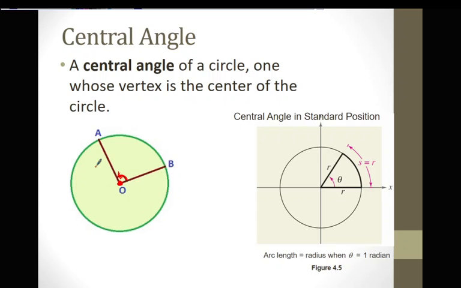Now, the next picture shows a central angle in standard position. So not only is our angle inside of a circle, where its vertex is in the center, it's also in standard position, which means the initial side is here on the x-axis, and it terminates somewhere in one of the four quadrants. So you can see how we're going to start taking some of these definitions and putting them together.